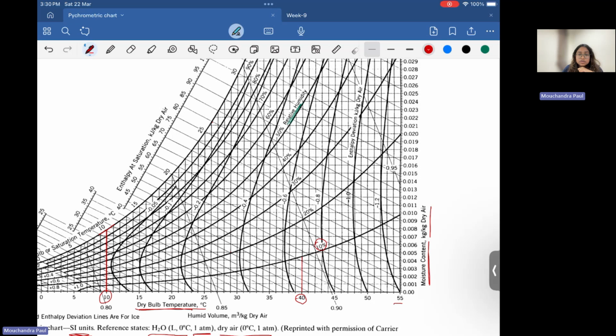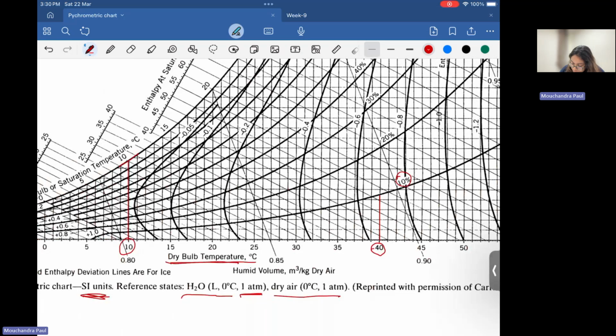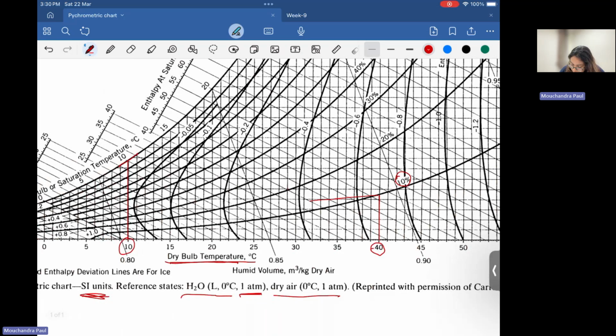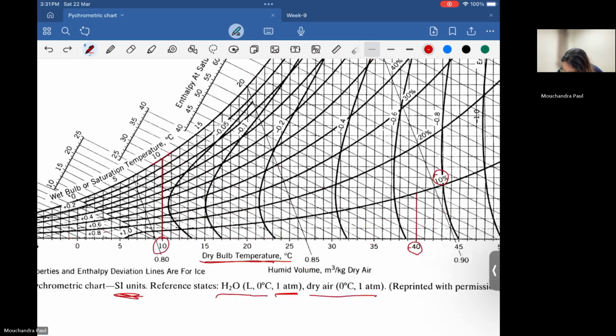So at what temperature will it become completely humid? For that you have to draw a horizontal line like this towards the left direction. Make sure you draw a straight line.